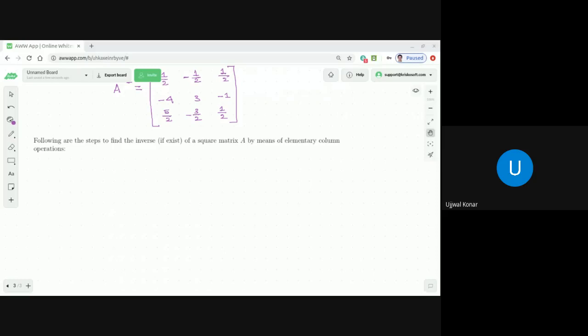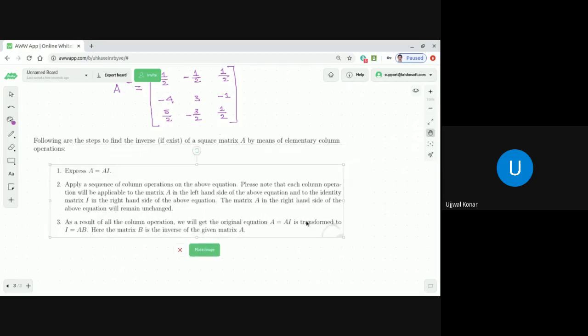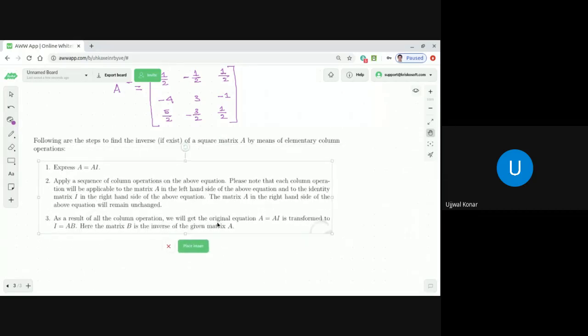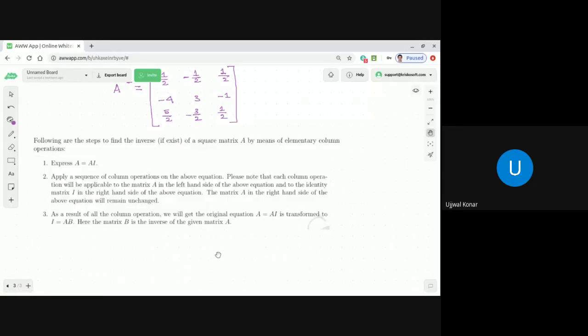Exactly the same three operations, dear students. So let me read it out, dear students.